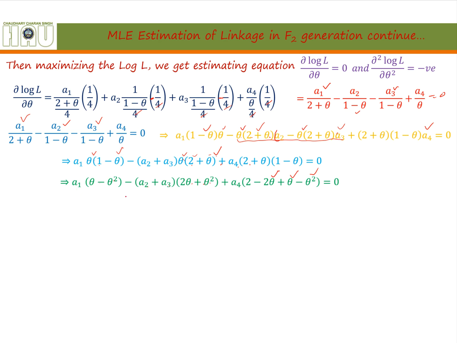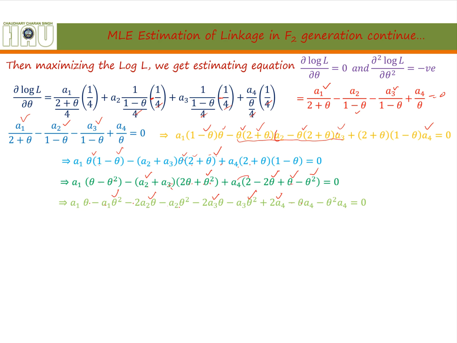Now distribute all these constant terms with theta. So I will get a1 theta minus a1 theta square minus twice theta a2 minus a2 theta square, then a3 minus twice a3 theta minus a3 theta square, then 2 a4, and these two multiplied, minus theta a4.